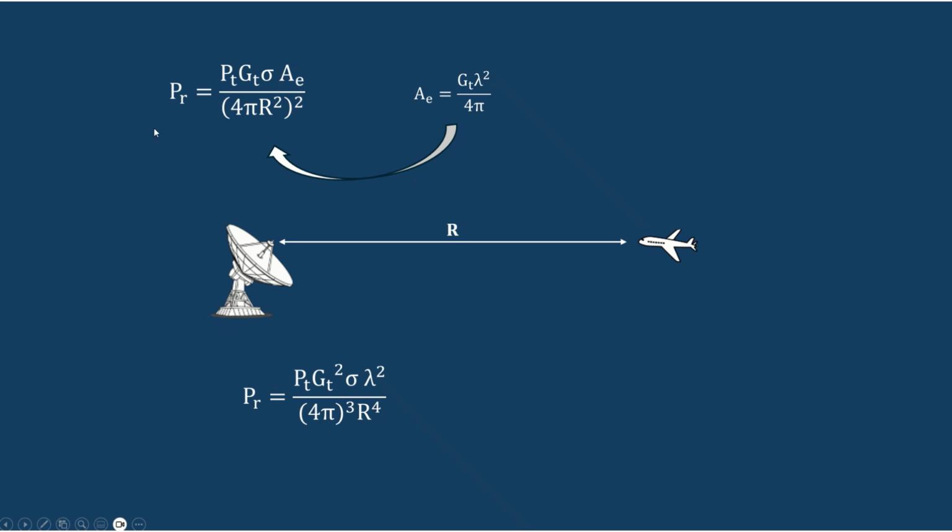These are the equations for the received power, one in terms of the effective area and one in terms of the gain of the antenna. In these two equations, you can see that the received power is inversely proportional to R to the power of 4. We have to consider this in radar system design.